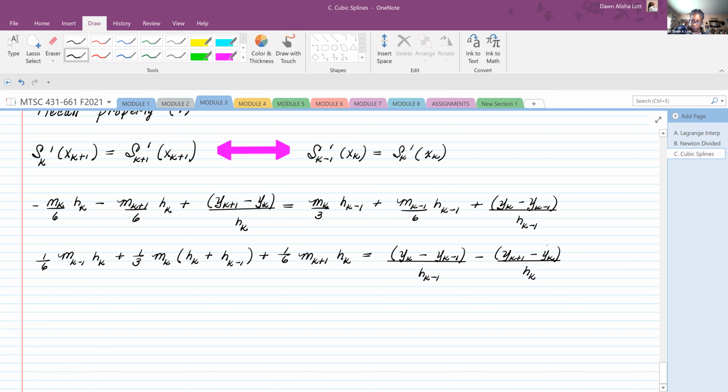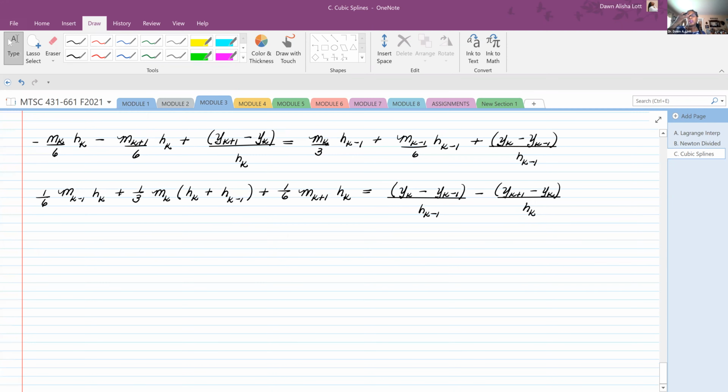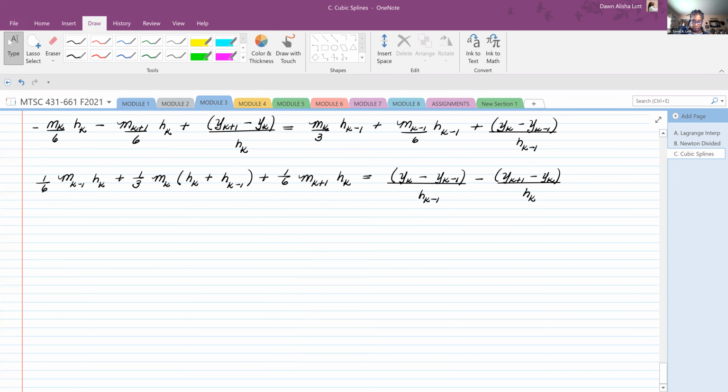All righty. So now this becomes a matrix system. Oh, we multiplied everything through by 6. That's what I do, I multiply everything through by 6.